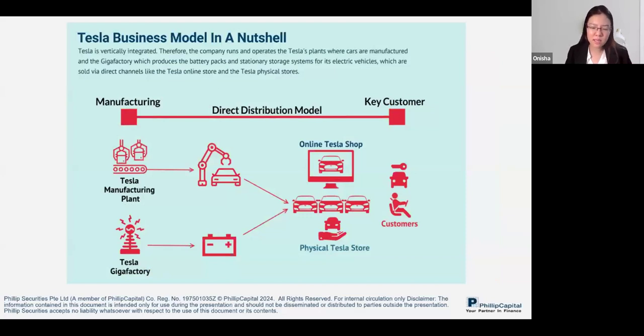Tesla's business model is one of the most vertically integrated supply chains that we have seen in the automotive industry currently. Tesla's ambition is to accelerate sustainability, which encourages the company to build more factories faster to assemble them.